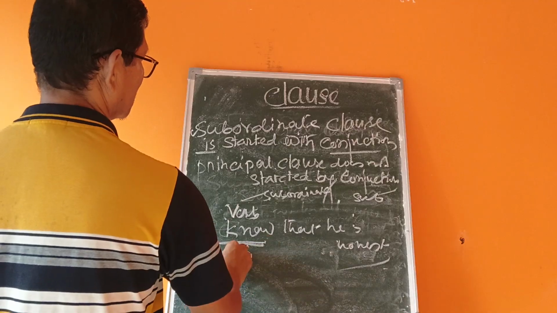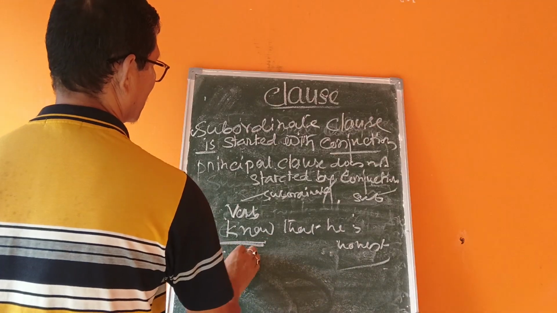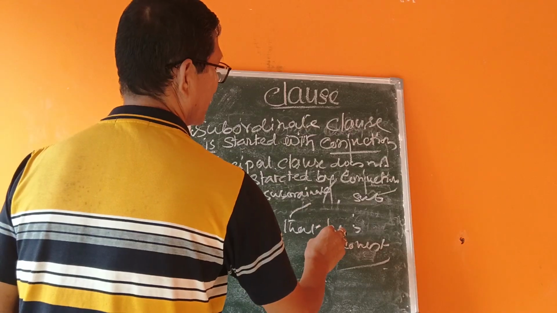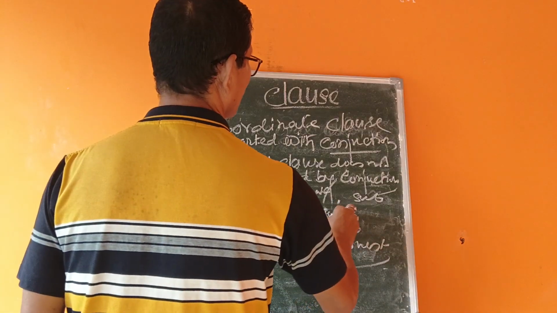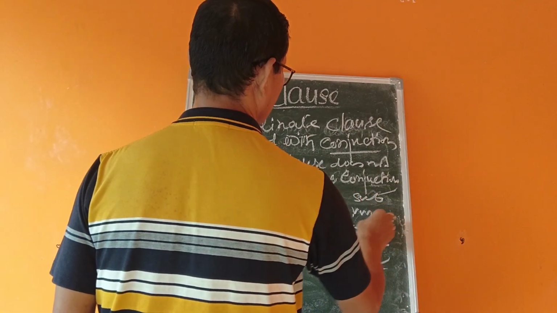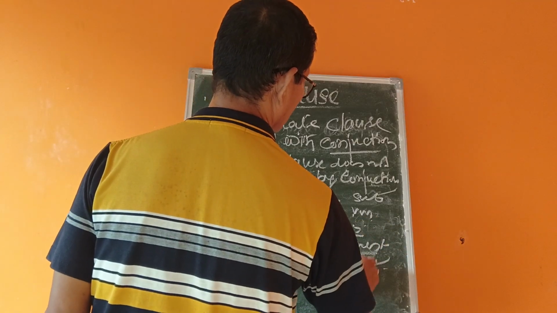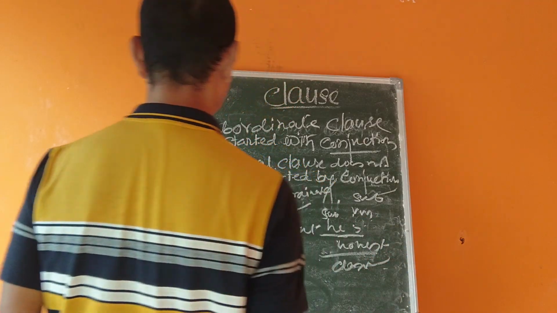It makes one clause. And that is a conjunction. And he is the subject and is the verb, and subject and verb make one clause.